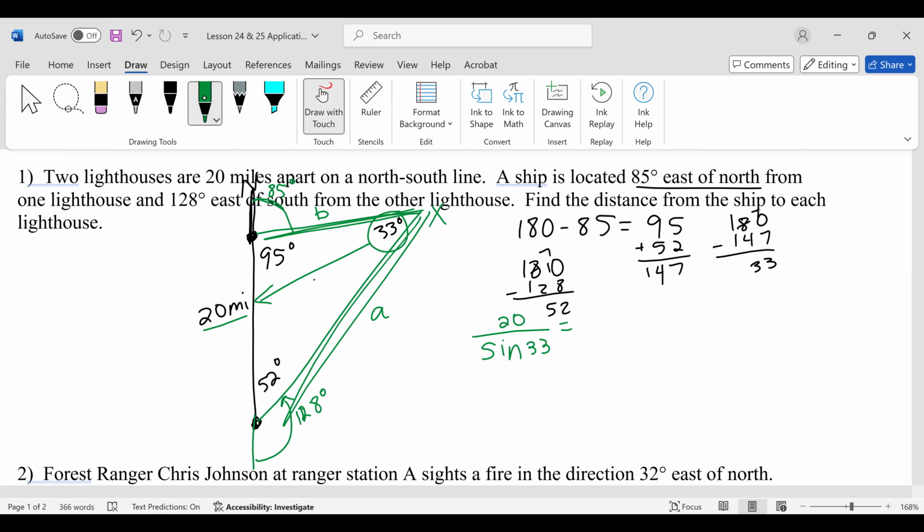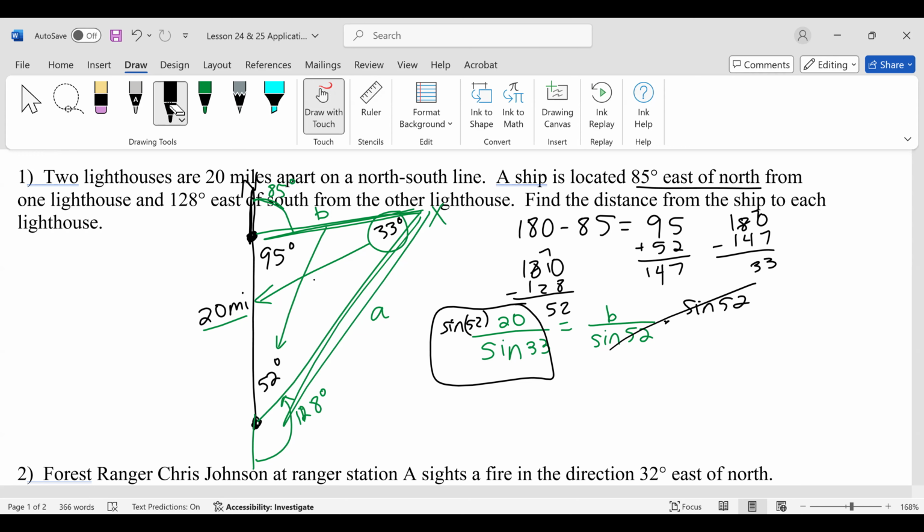Do the smaller one first. So B over, and this is across from B is angle 52, so sine of 52. And then you solve for B. So I'm going to multiply both sides by sine 52. Those cancel. Sine 52.